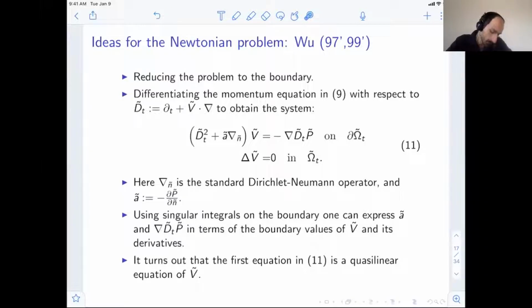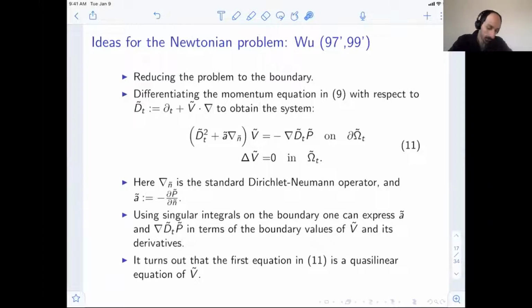In Sijue Wu's approach, she uses singular integrals to actually write this d_t of the pressure explicitly in terms of the fluid velocity. But at the heart of it is, again, ellipticity, while using singular integrals to explicitly write it gives a lot more structure. One can explicitly see that this is quasi-linear, and also see more about the structure.